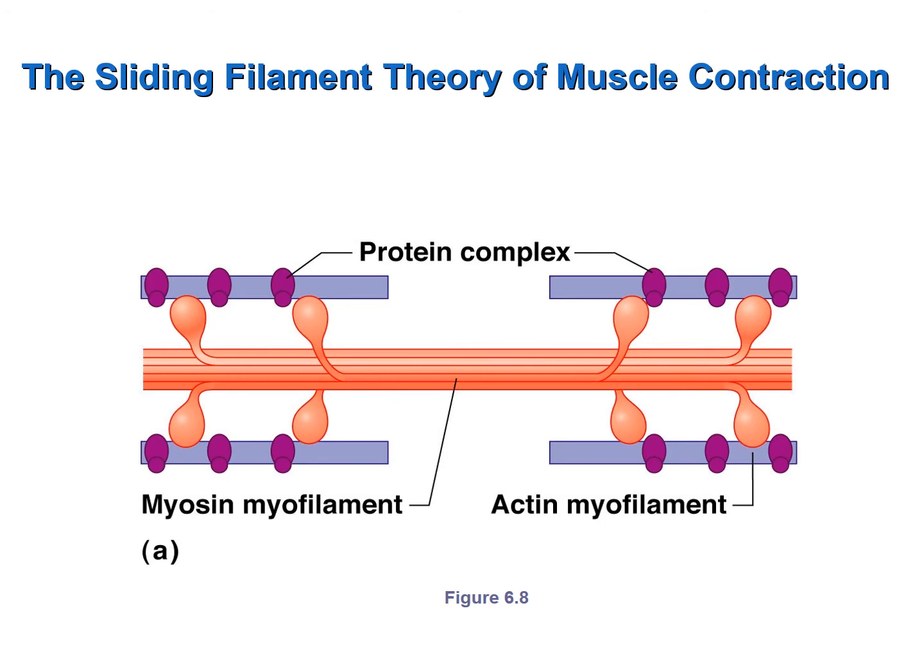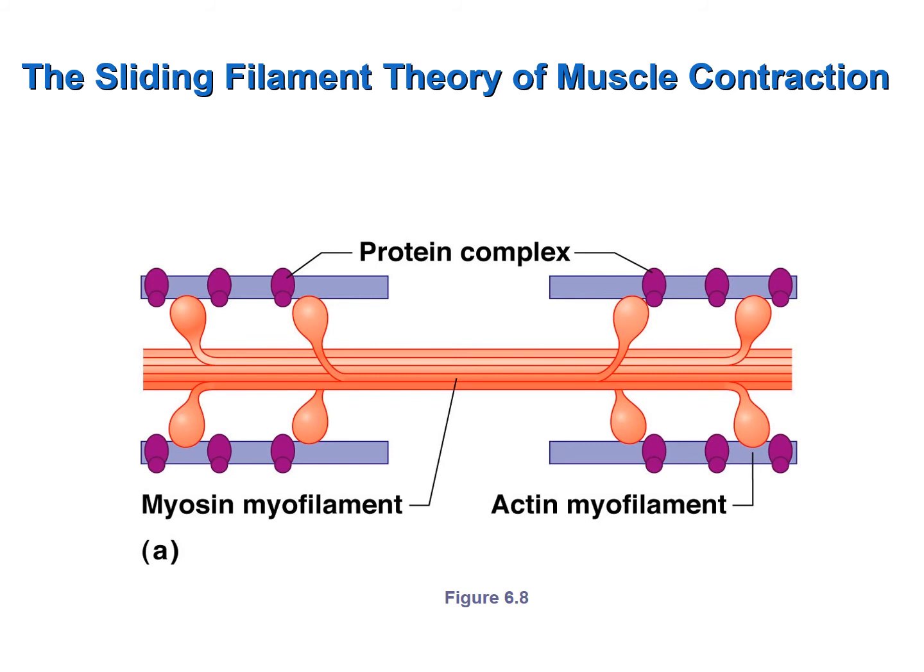So here we have a sarcomere. Here's our thick filament with the myosin heads shown in red, and here are thin filaments shown in blue. There are these protein complexes on the thin filaments. Your book gives them a name, troponin, but I am not requiring you to know the name.